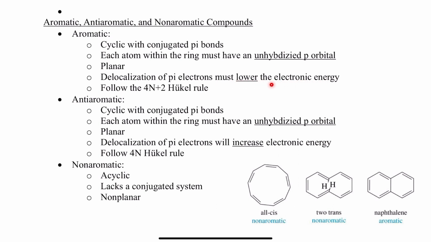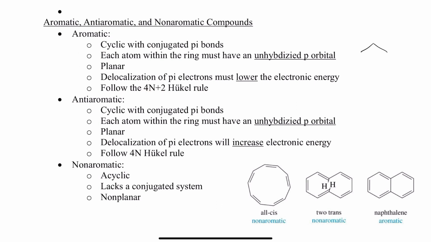It must be stabilized. And also, it must follow the 4n plus 2 Huckel rule. n is going to be any integer. You can start with 1, 2, 3, 4, 0, it doesn't matter. And anyways, our 4n plus 2 must add up to 6 pi electrons, 10 pi electrons. This is to help us count how many pi electrons we have.